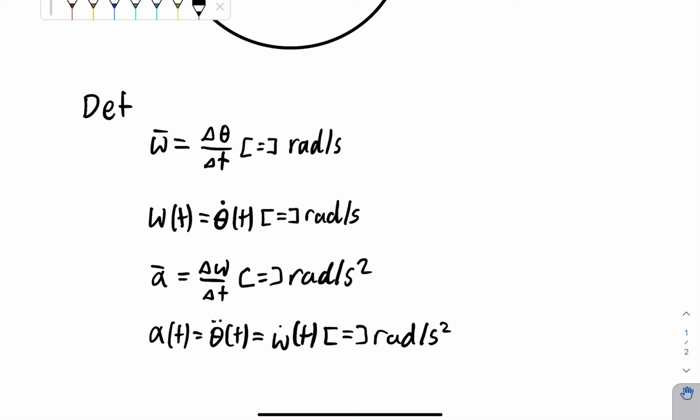Thus, similar to that of translational kinematics, we can go between acceleration, velocity, and position by integrating, and the reverse by differentiating using calculus methods.